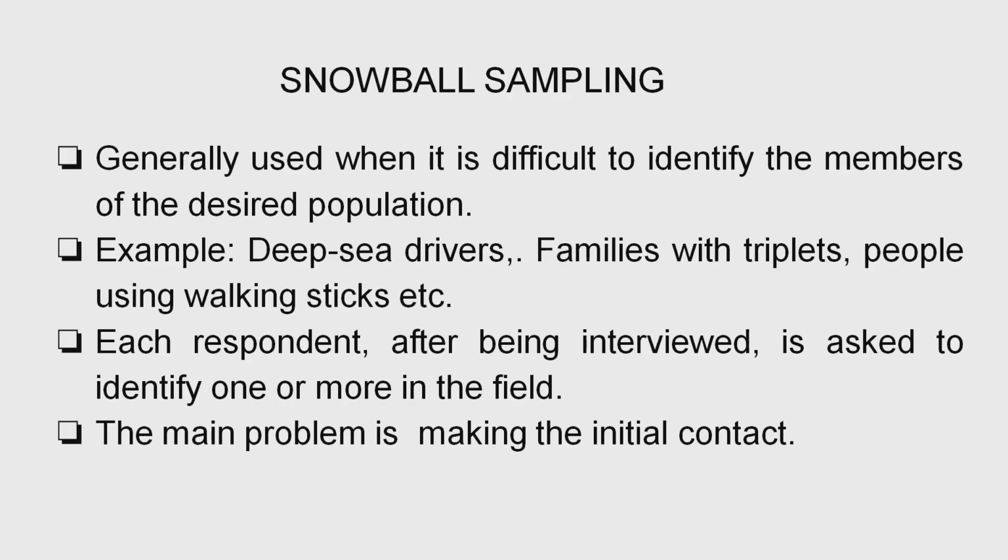It is very difficult for you to find the first person for the study. If you are able to identify the first person, that person will help you get the contact of other persons like them, and through them you can easily collect your data. That is why it is called snowball sampling.